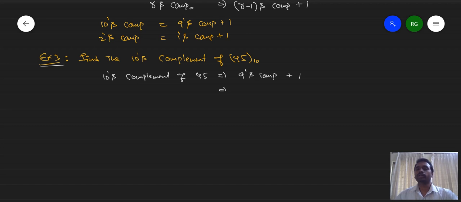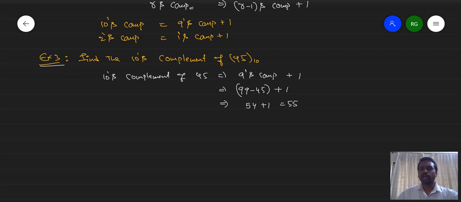We know how to find the nines complement of a number: subtract each digit from 9. That is nothing but 99 minus 45. This is how we will find the nines complement, and then add a 1 to it, right? So 9 minus 4, I will get 5. Sorry, 9 minus 5, I will get a 4, so that gives 54, plus 1, which is equal to 55. So this is how we will find the tens complement of a given number.